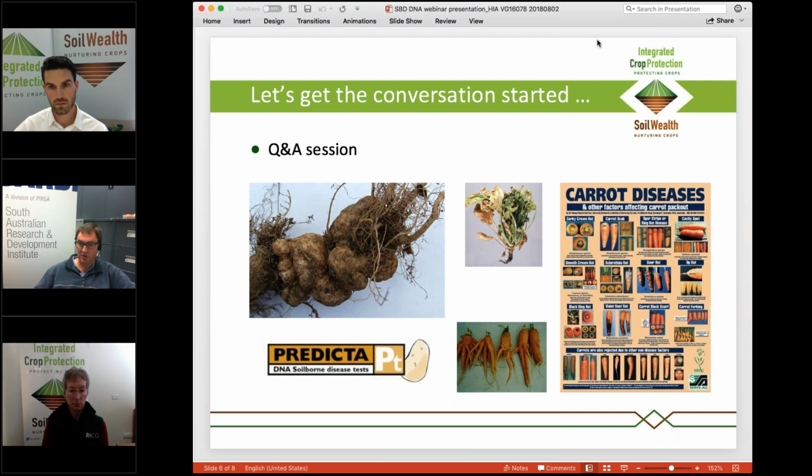Which doesn't mean zero, it means it's below our level of detection. But you need more than one to cover that. So it's cropping history, size of your paddock, and your target pathogens. And it's something we have to put a lot of work into to actually ascertain that.